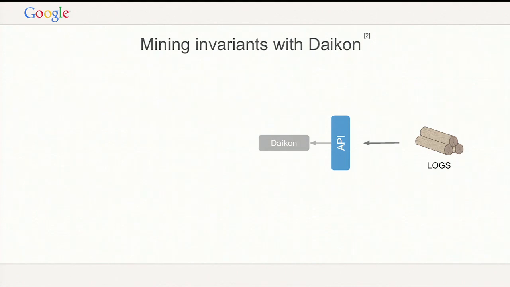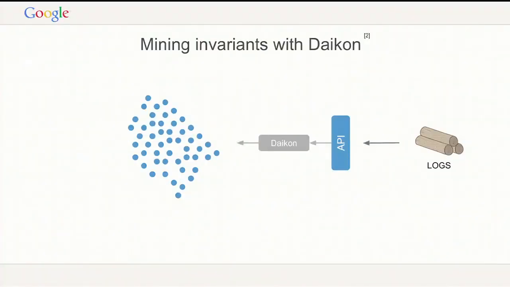I will give you a high-level overview of how Daikon works logically. At the beginning, before you push anything, Daikon just has a bunch of hypotheses in its mind about what your source code or your data will look like. Then you push some of these logs through Daikon, and some of those hypotheses don't hold anymore.